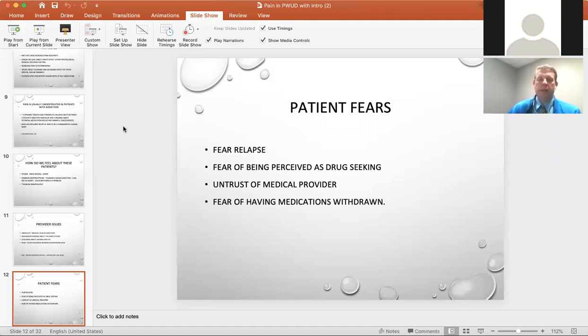When a patient has a severely painful condition, say surgery, again, it's not always clear, but some things are clear. This patient just had a major surgery. If we don't treat that pain, the risk of relapse is probably greater than if we did. They have fears of how they are perceived by us.